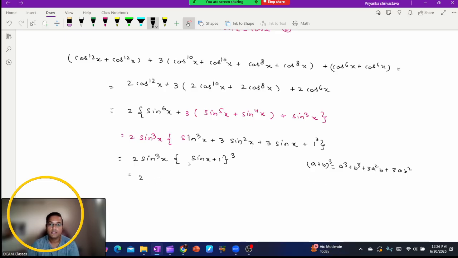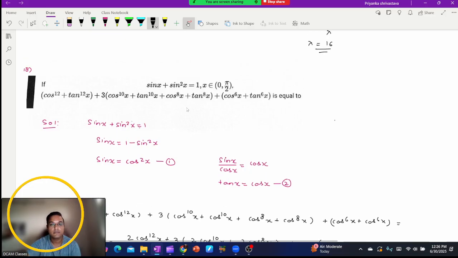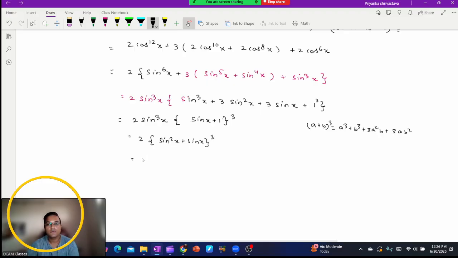Now I take sin cube x inside, it becomes sin square x plus sin x whole cube. But sin square x plus sin x is 1, so it will become 2 into 1 whole cube. So answer is 2.